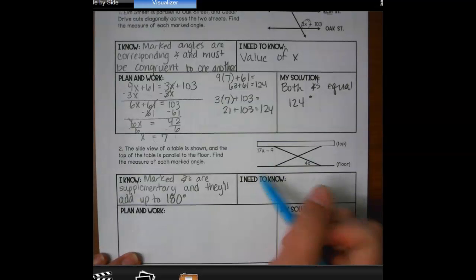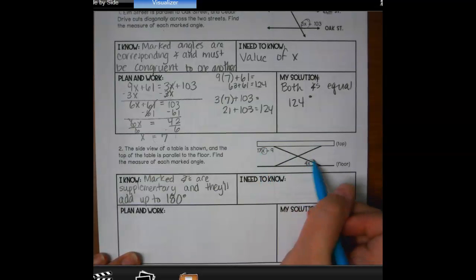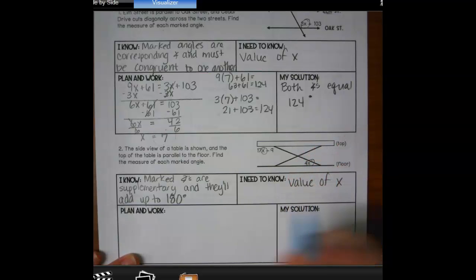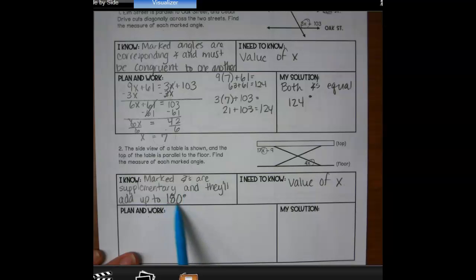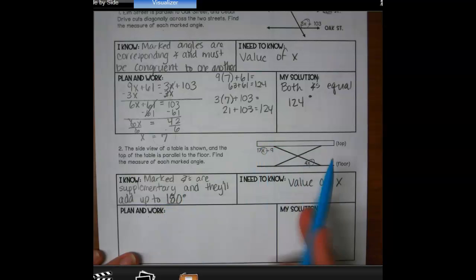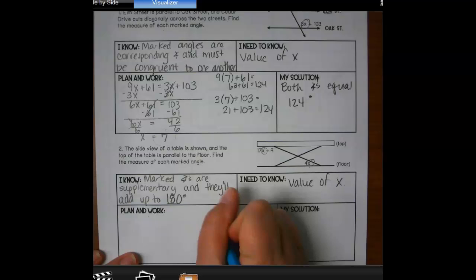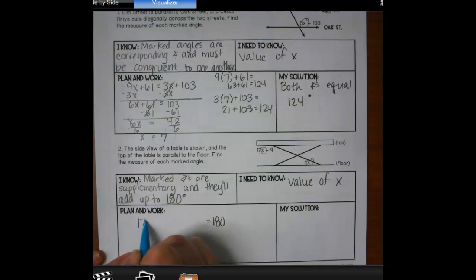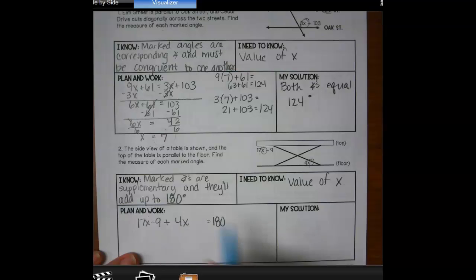What do I need to know? We need to know this value of x. Okay, so now we're going to solve it. When you do the planning and working, first off, we know both of these angles equal 180. So now I have to put these together. So I have 17x minus 9 plus 4x.